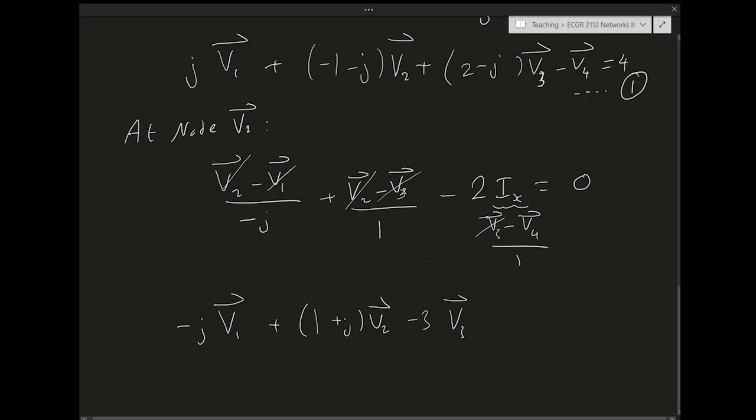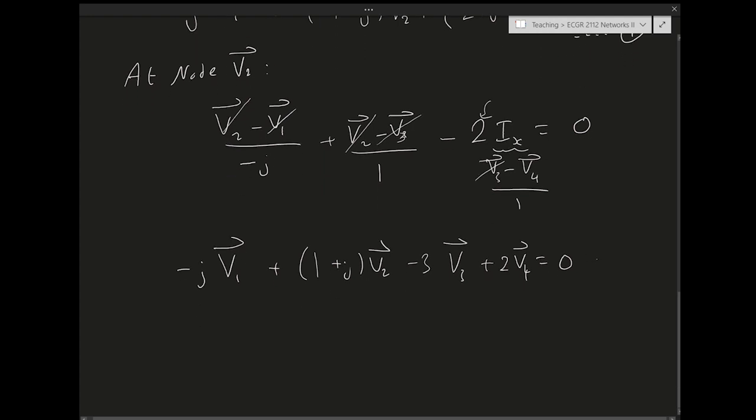And finally V4, I have minus 2 times minus 1, plus 2V4, equals 0. Remember the minus 2 here. Okay, so that's nodal equation number 2.